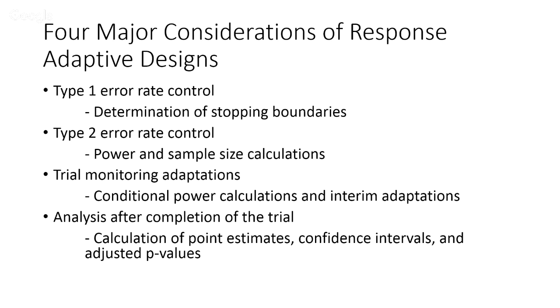The third step is trial monitoring adaptations, which involves conditional power calculations and interim adaptations throughout the length of the trial. One of the nice aspects of response adaptive randomization is that data is constantly being evaluated, and based on the performance of patients, the probability of allocation and algorithms can constantly be adjusted mid-trial and multiple times throughout the trial.